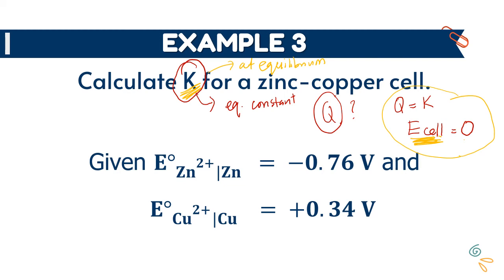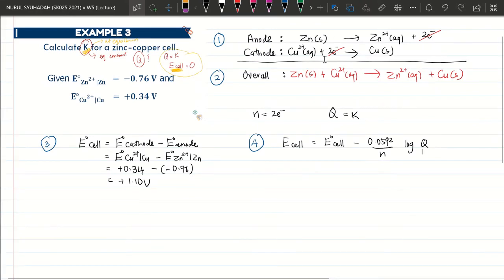So, let's calculate. To save some time, I already written down almost all of the answers over here, step by step. So, step 1, your anode and cathode. So, how do I determine this anode and cathode? So, look at the value of the reduction potential of electrode given.